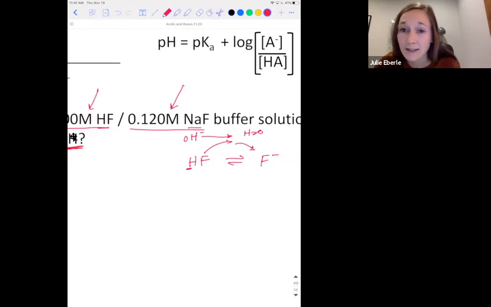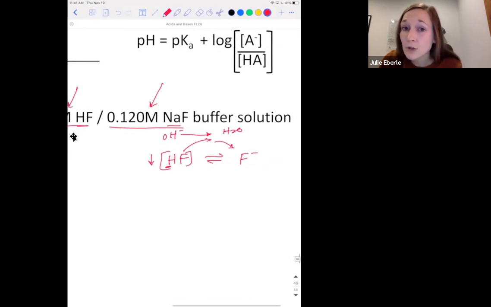So it's the weak acid that acts to neutralize the base. What happens to the concentration of HF? Is it going to go up or down? Jenna says down. We're going to use it up, donate some of it, lose some of it. So the concentration, after it neutralizes all the base, is going to go down. And that new concentration is what we'll plug into our Henderson-Hasselbalch equation.